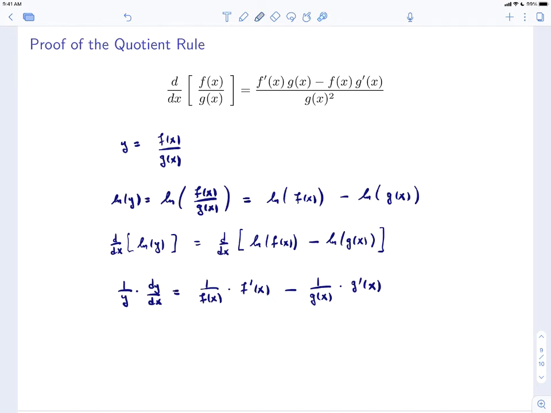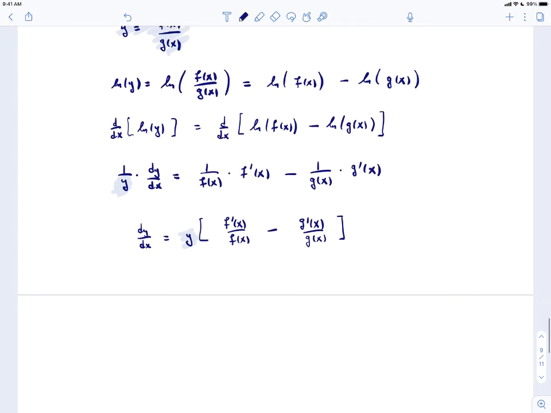So the next step is to multiply both sides by that y. So we'll have that dy dx is equal to y times f prime of x over f at x minus g prime at x over g at x. But of course y, this y right here, is f divided by g.